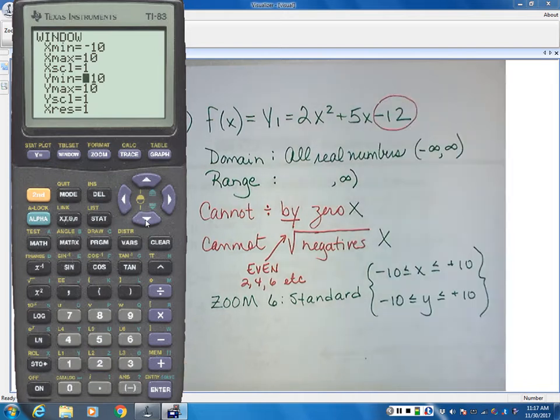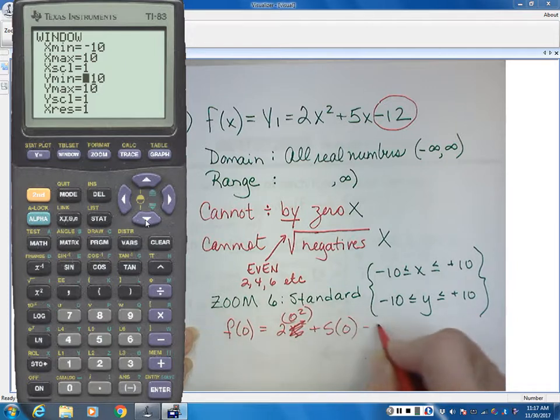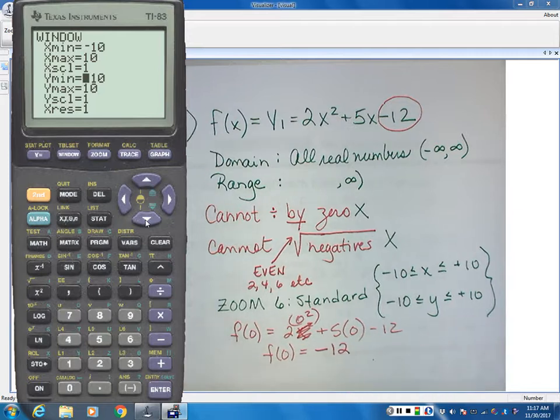Because that number is -12, what that tells me is that if I plug in x equals 0, f of 0 is going to be -12, so I need to go down to at least -12. Okay? But -20 might be a better idea.